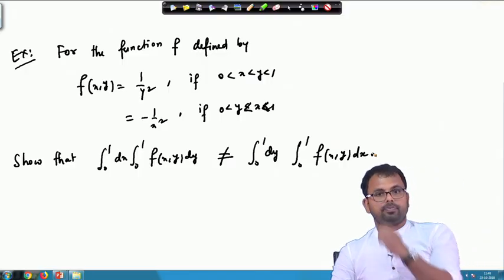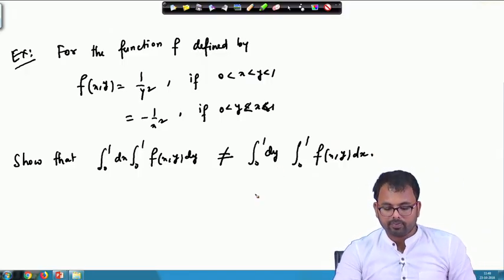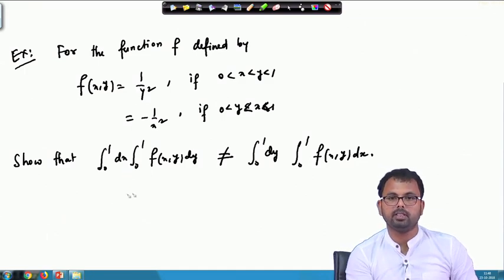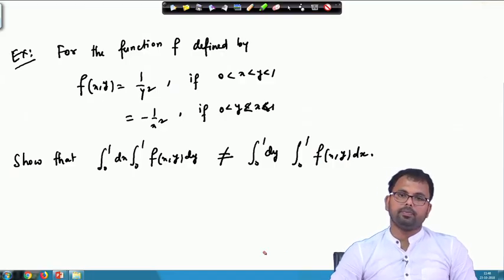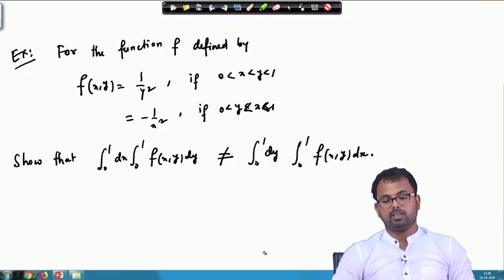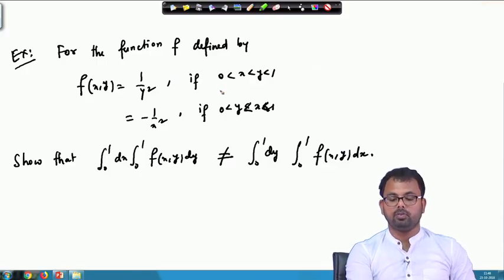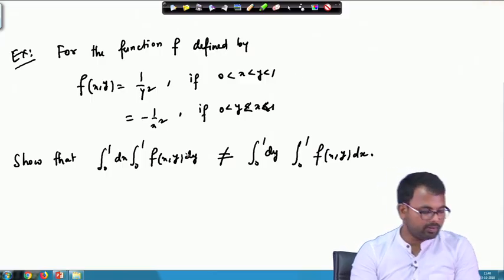That means the repeated integrals are not equal, and if the repeated integrals are not equal, then the double integral does not exist over the region 0 to 1 times 0 to 1. So, let us see how we can evaluate this.